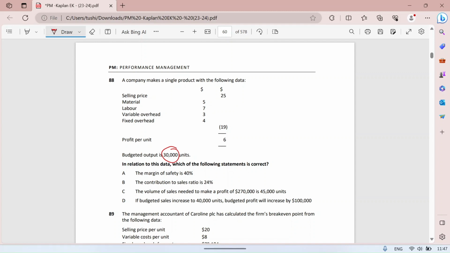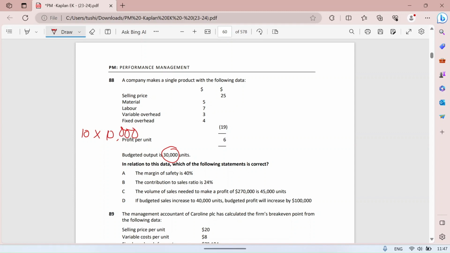So basically $10 is your contribution, so you will be earning this much per unit more. So basically the fixed cost will be the same. So that is why if you multiply $10, which is your contribution per unit, with the additional units, which is 10,000, your profit will definitely be increasing by $100,000, which makes statement D the correct answer.